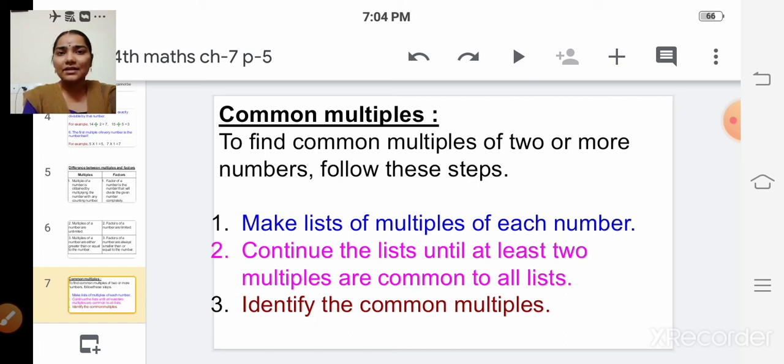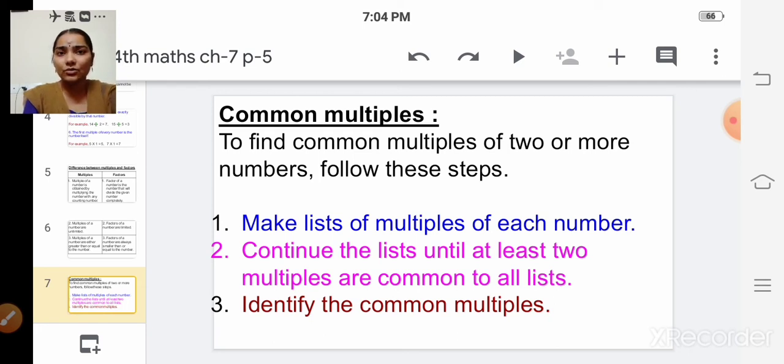What is the condition? We have to continue the process until we get two common multiples. Okay, at least two common multiples. Till that we have to continue the process.